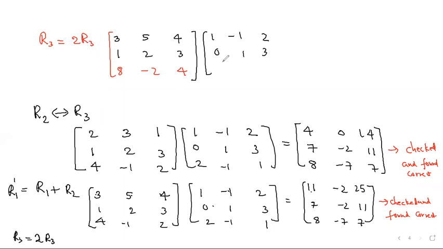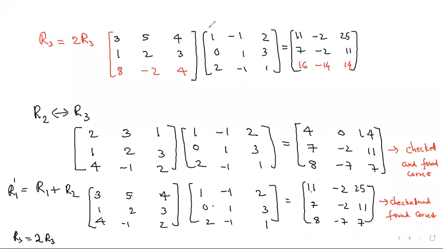Whatever has no change, I've written in black color. Whatever has a change, I will write in red color. There will come 16 minus 14.